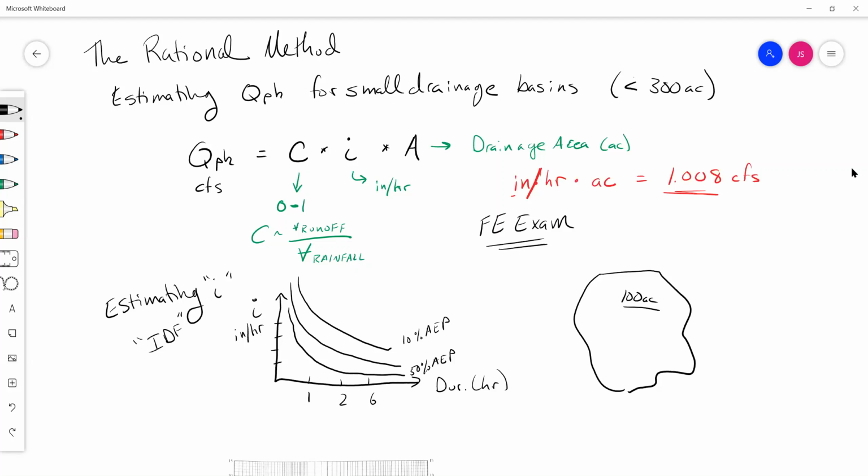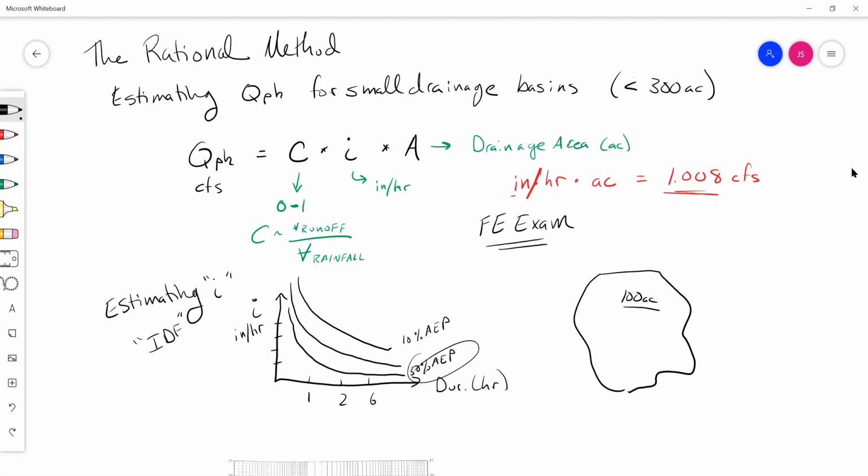So we've got this setting, we know the drainage area, we can estimate the C value from this table. And say I want to design a culvert to accommodate this peak discharge, and you know the CFS for a given frequency event. We'll just pick the 50% AEP.